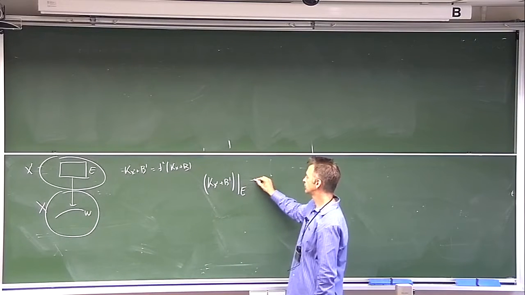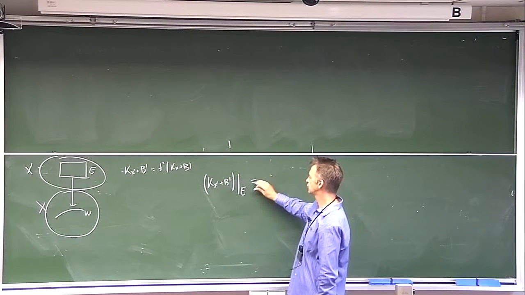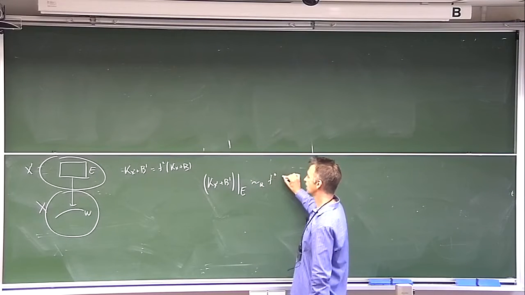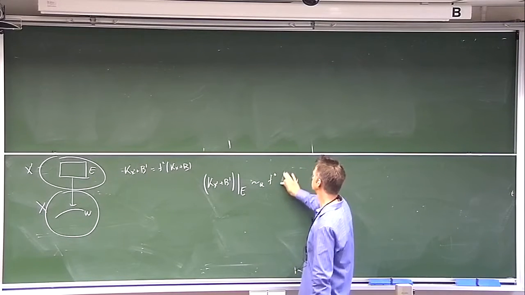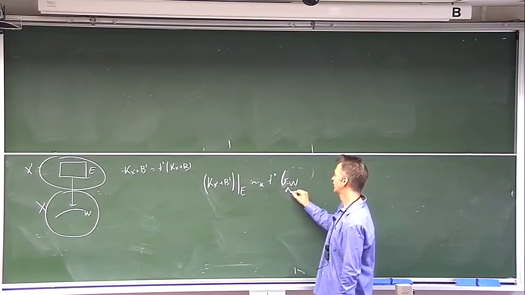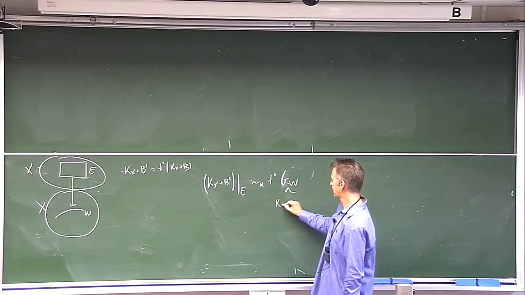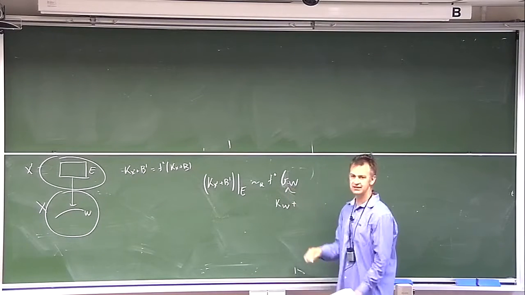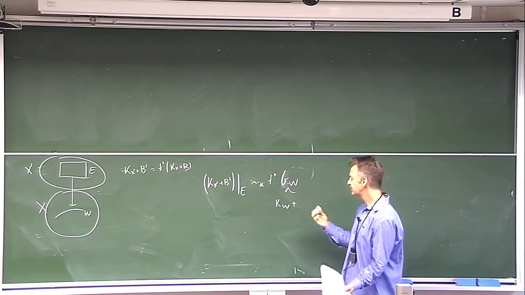Now you know that this is Q-linear equivalent to the pullback of some divisor on W, L is a bad choice, G on W, and you want to be able to write this as the canonical class of W plus a divisor B. And that's a mixed object.